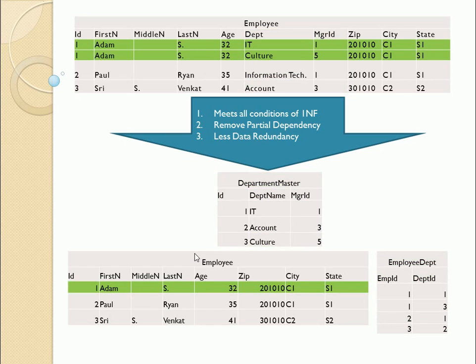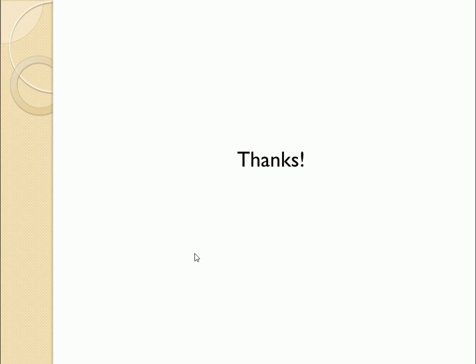And you can see we have less data redundancy in second normal form. That is, we had two rows in the first normal form table for employee number one, and in the transformed second normal form table we have only one row for that employee. So that was all about second normal form.